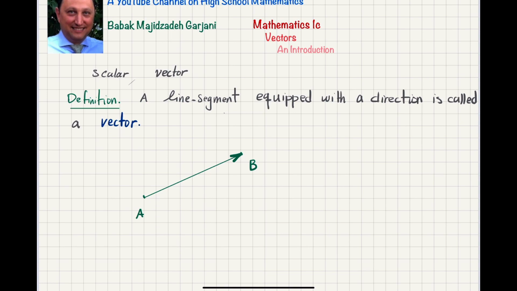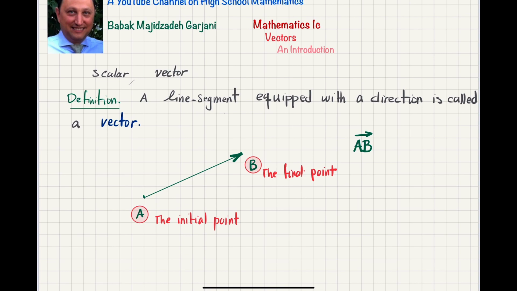I can write it down here for you. So here, this point is called the initial point, and this point B is called the final point. In total, if I want to denote this vector, I write it in this form: I write AB, and then I put an arrow on top of that.